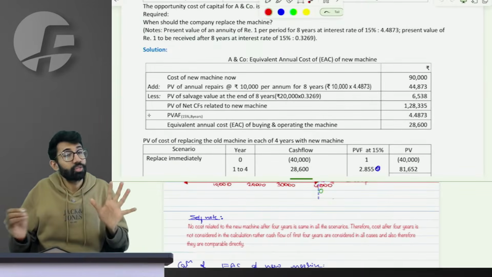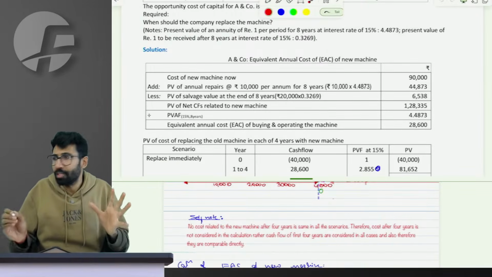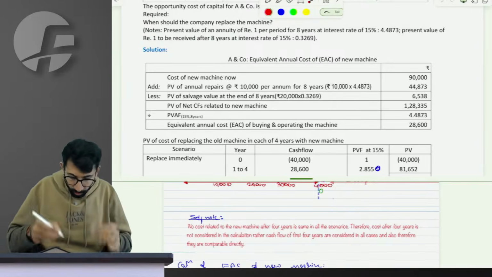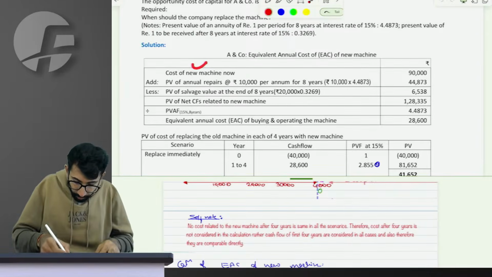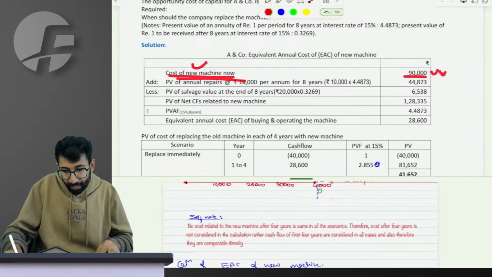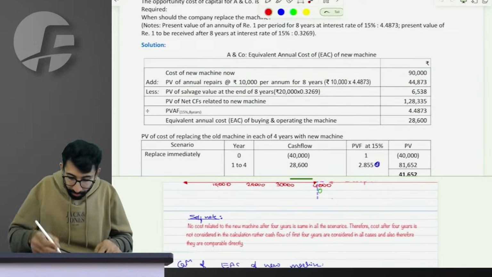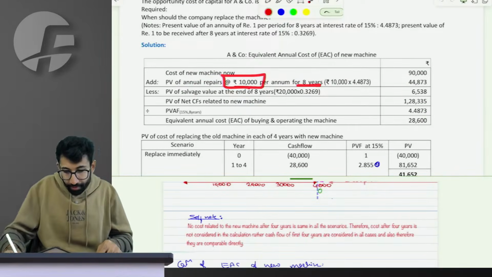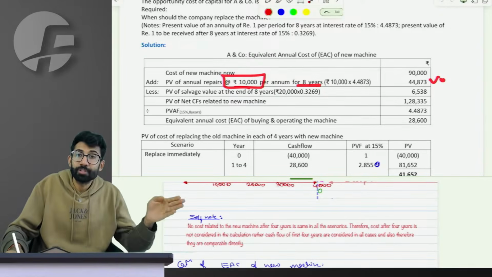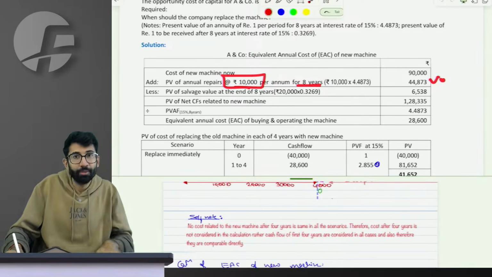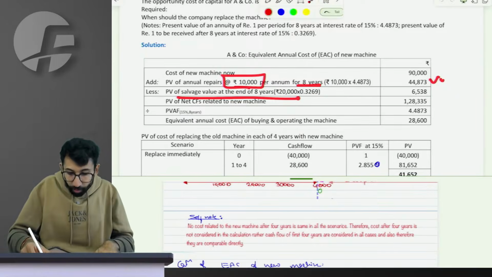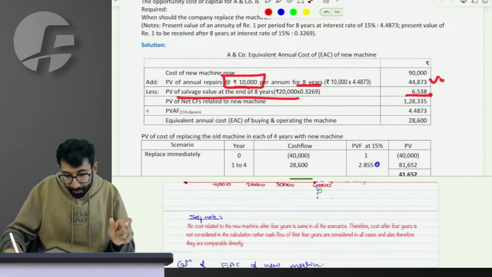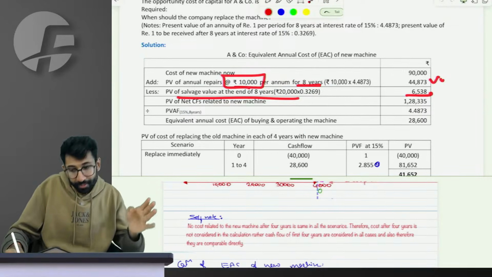So I'm explaining the solution and the question as a mixed combination, we are not doing it cut to cut. The cost of the new machine that I spend now is 90. The annual repair of that machine is 10,000 for 8 years, so whatever future repairs I have to pay for that machine, present value is this. The salvage of the new machine at the end of 8th year is this, which means the life of the new machine is 8 years.